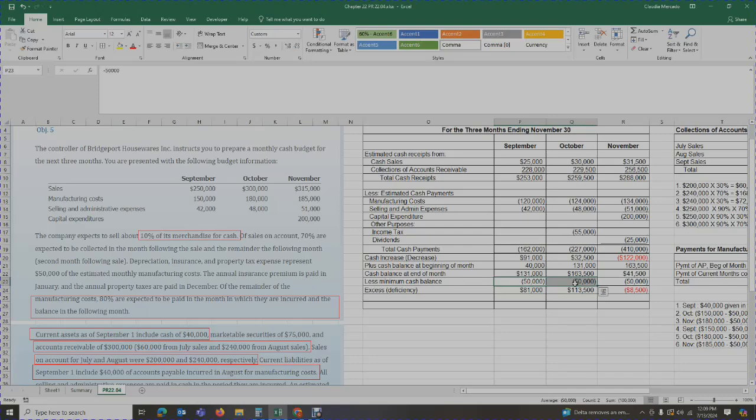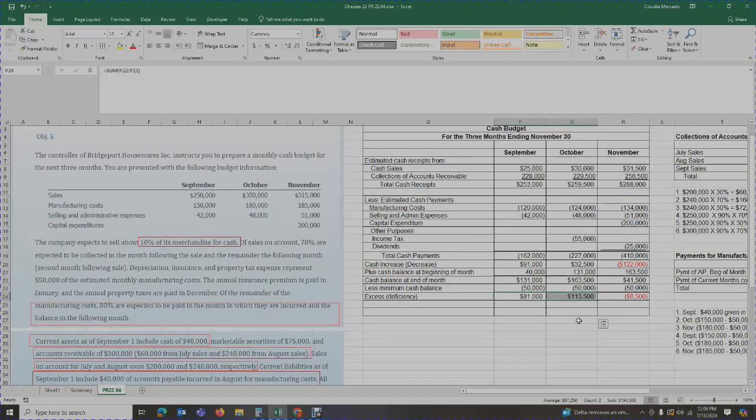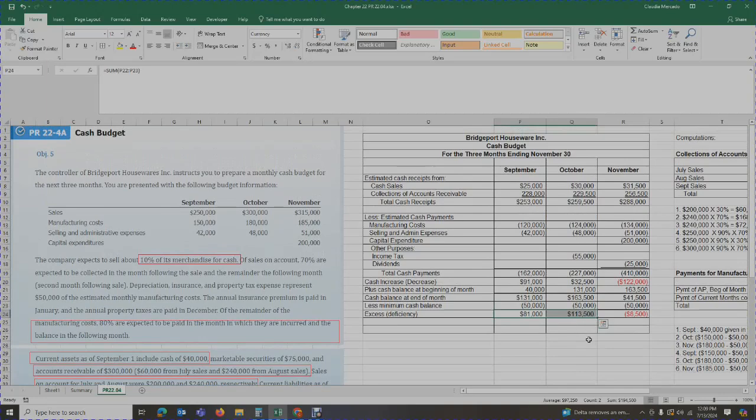We're not touching those $50,000. Anything over that is going to be invested in short-term investments, so we can make some money off of it. So those are some possible recommendations: getting a loan, selling the marketable securities, and of course investing the excess cash that you have in September and October.